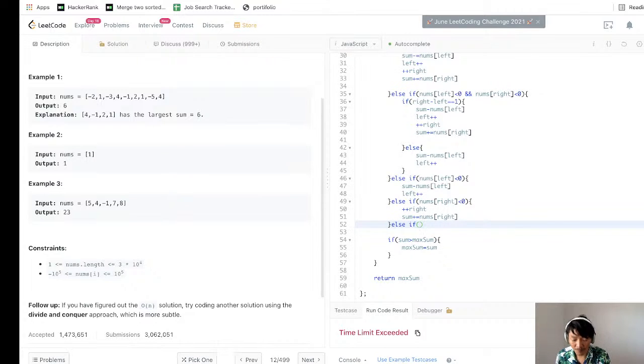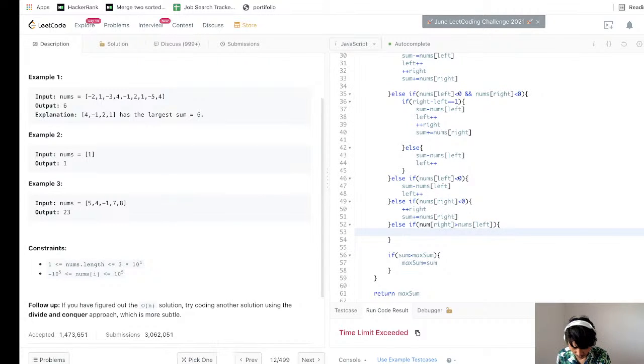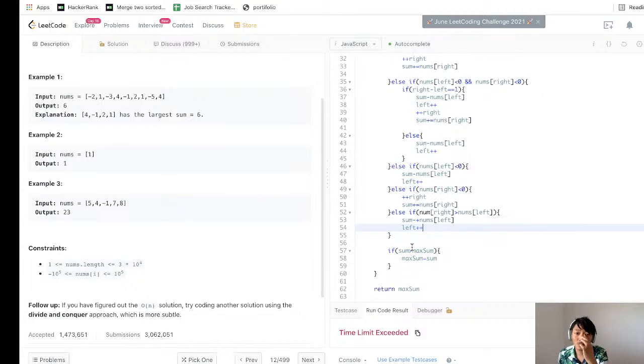Else if nums of right is greater than nums of left, then what we need to do is sum minus equals nums of left, and left plus plus.